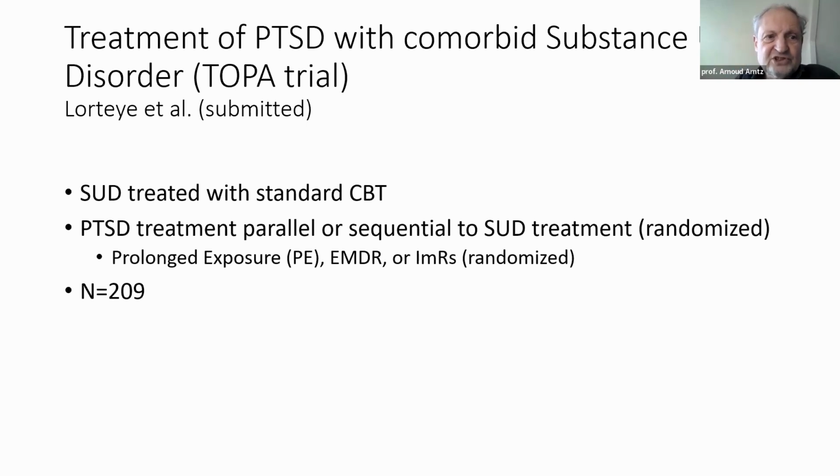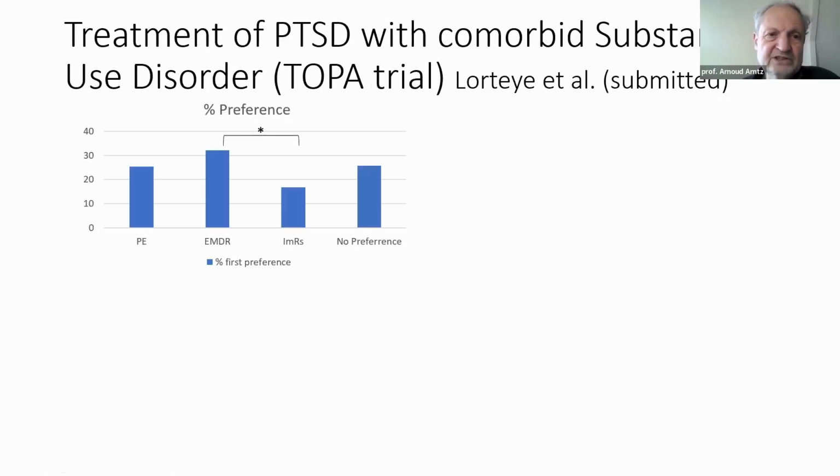So the substance use disorder was treated with standard CBT protocols for that, and the PTSD treatment was either provided parallel or sequential after the substance use disorder. And the PTSD treatments that were studied were prolonged exposure, EMDR, or imagery scripting. More than 200 patients participated.